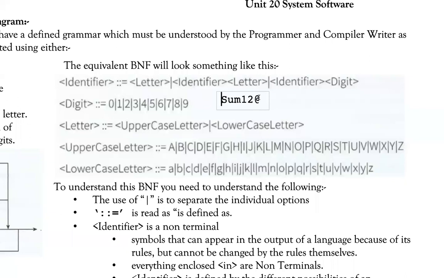Now this character is not a letter because none of the uppercase or lowercase letters has this term in their definition. Neither is this at the rate symbol a digit because none of the digit definitions has this symbol in their definition. So that means my compiler will generate an error because it identifies this thing as neither a digit nor a letter. In which case, this is not a valid identifier because it has not satisfied any one of these rules.